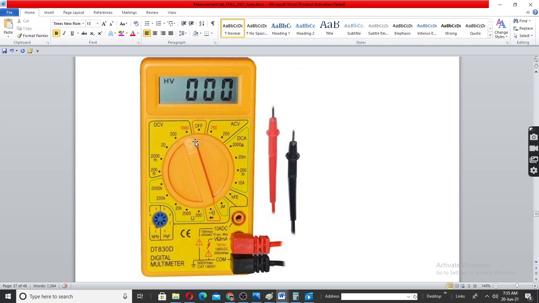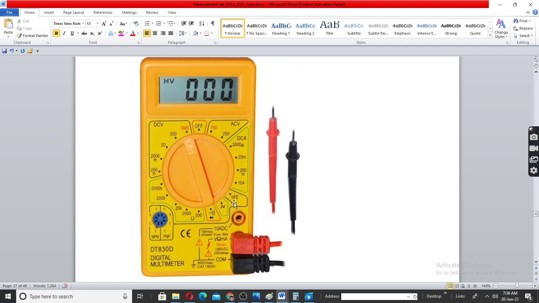When you keep it at off, the display will be off and battery power will be saved. DC current, you have ranges from 2000 micro to 10 amperes, 20 milliamperes, 200 milliamperes. How much you want, you can select.